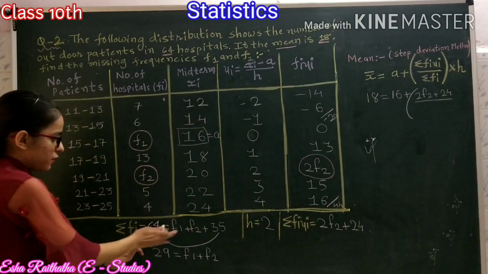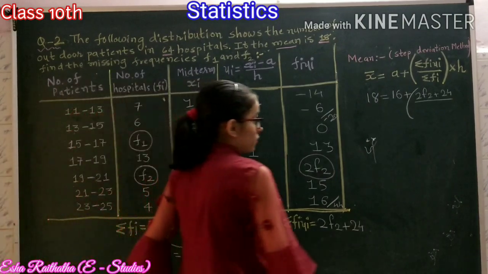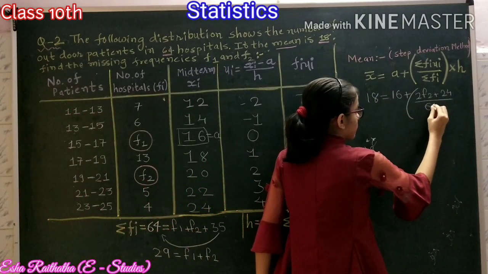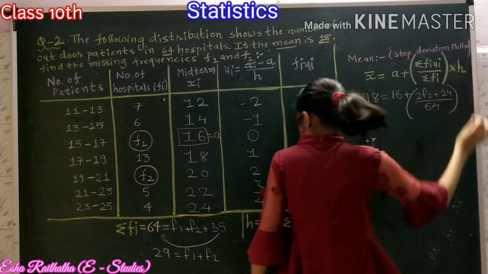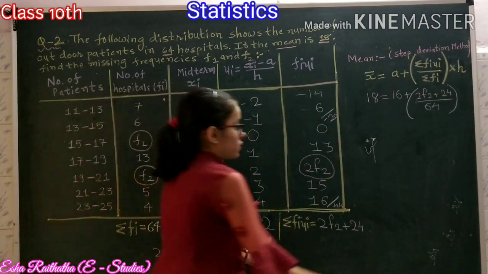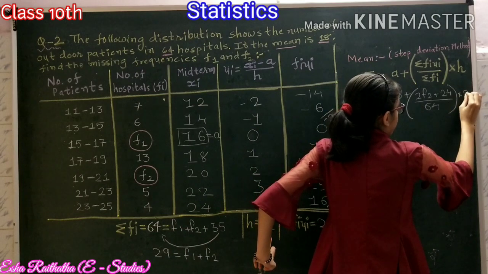We will take only 64, not all of this. And here we know the class size is 2, so we multiply by 2.